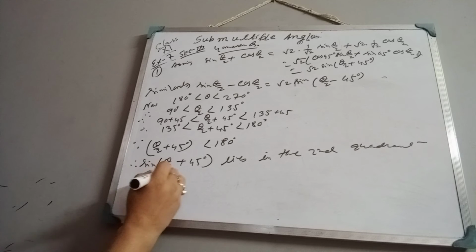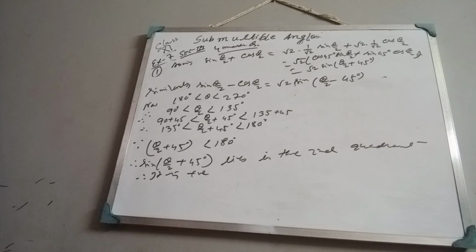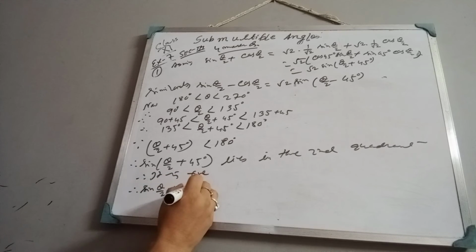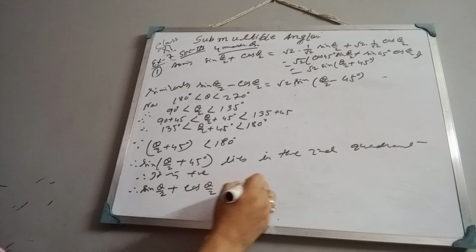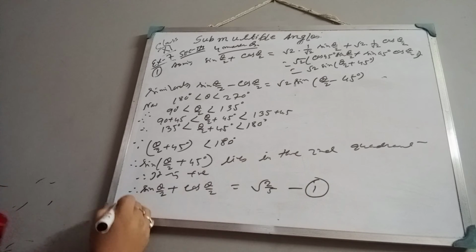Therefore it is positive. We know in the second quadrant sine is positive. Therefore we will take sin θ/2 plus cos θ/2 is equal to √2/5. Make it equation number 1.